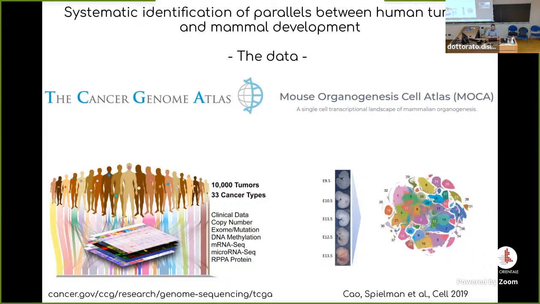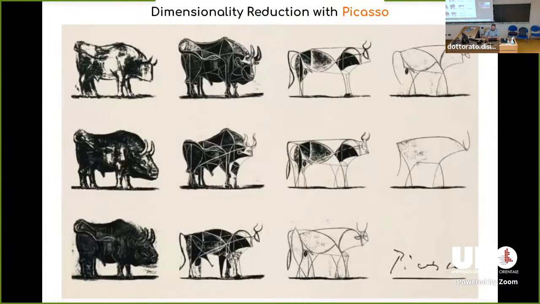creating a very complex element that, in order to be studied and analyzed, has to be somehow reduced in complexity. So I think it's important to explain a bit this concept of dimensionality reduction, and I thought about doing it with a bit of art.